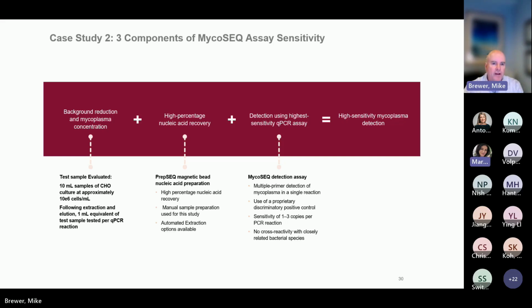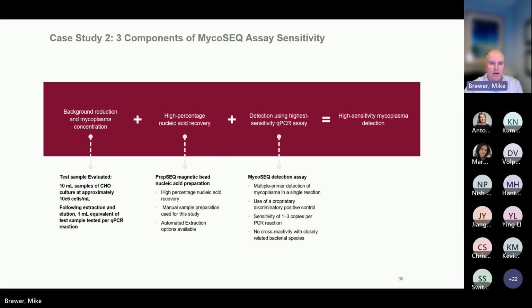And then finally, it's followed by detection of the Mycoplasma DNA using the highest sensitivity qPCR assay. I say that because it's based on SYBR Green detection chemistry, which I'll describe briefly, and it is sensitive to the level of 1 to 3 copies of target per qPCR reaction.